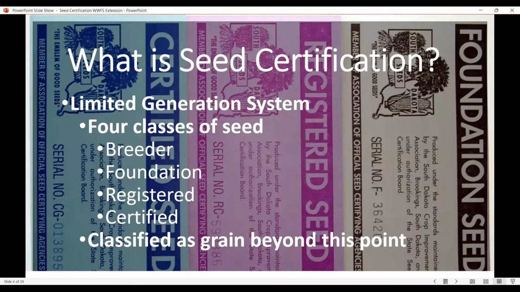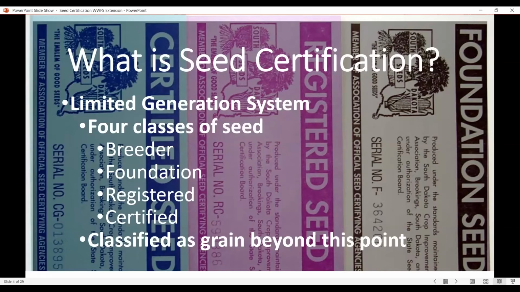Seed certification is a limited generation system. There are 4 classes of seed: breeder, foundation, registered, and certified. And beyond certified, it's considered to be grain. The breeder seed is, after the breeder has made his crosses and selections and evaluations, we may have just a few pounds of seed. That is turned over to the foundation seed program where it is increased.